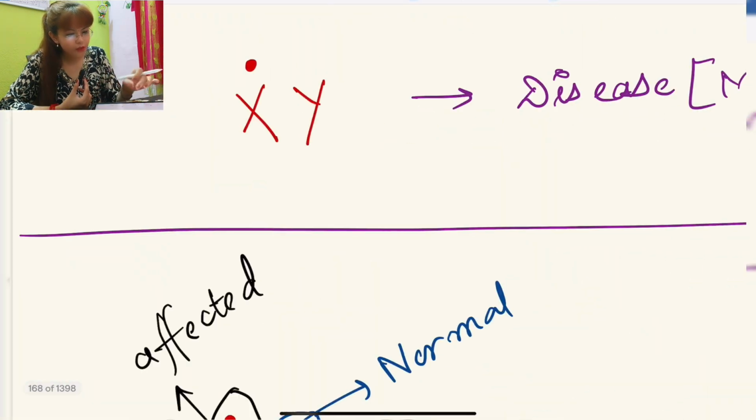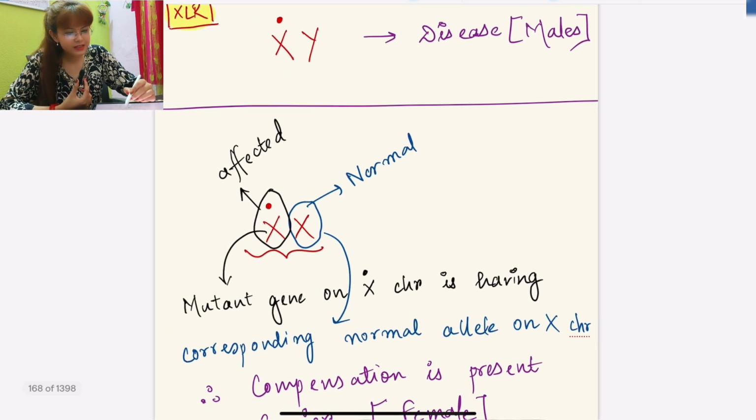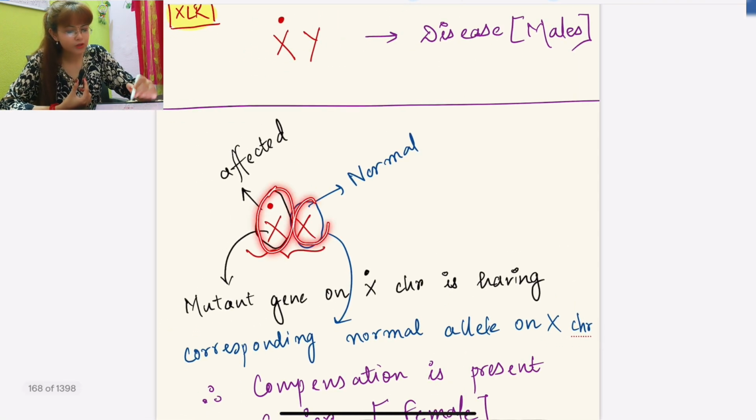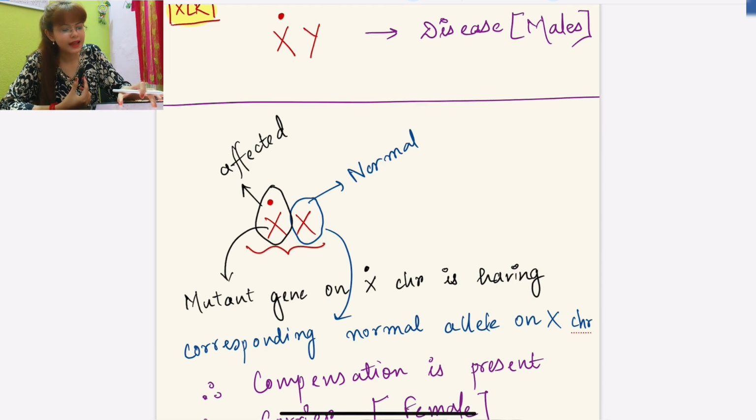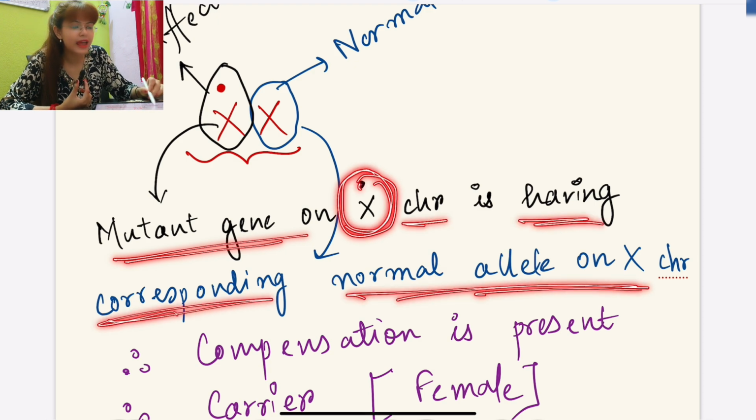Understood? So now you can see here that this is the affected one and this is the normal one. If the configuration is XX, which is a female, then the mutant gene on this dotted X chromosome has a corresponding normal allele on the other X chromosome.